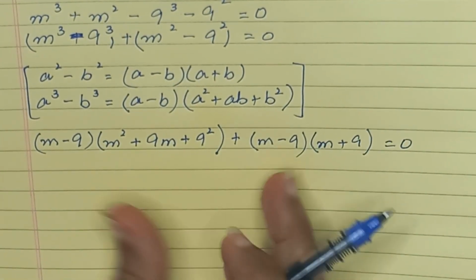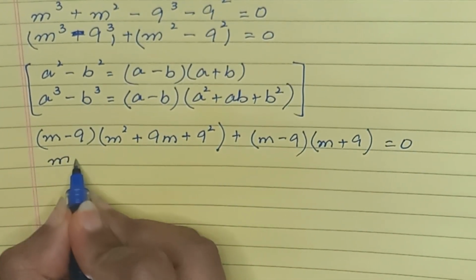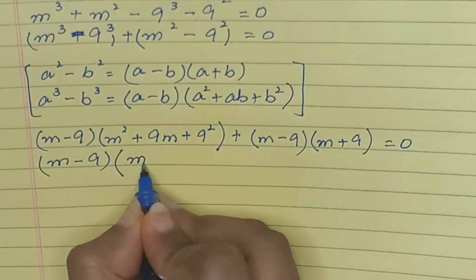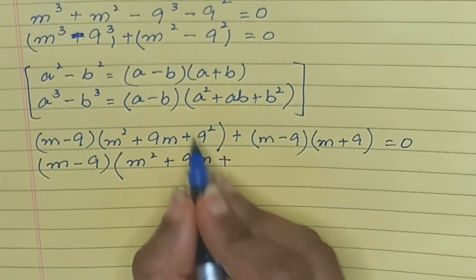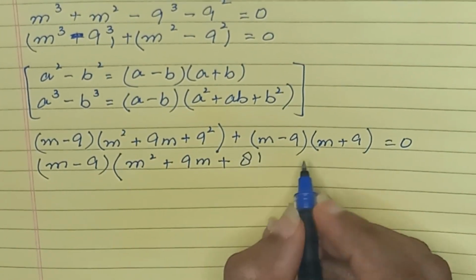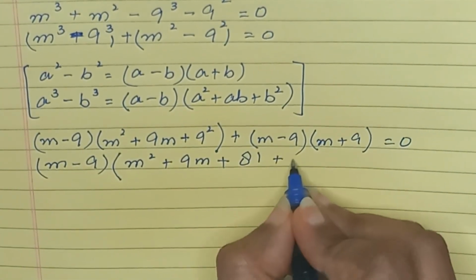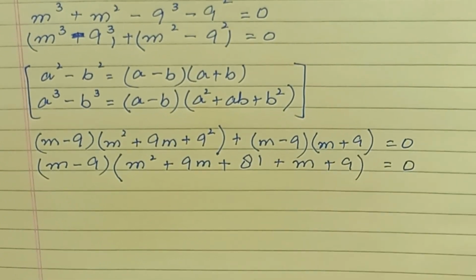Now we have m minus 9 common in both terms, so it will become m minus 9 times m square plus 9m plus 9 square, which is 81, plus m plus 9, which is equal to 0.